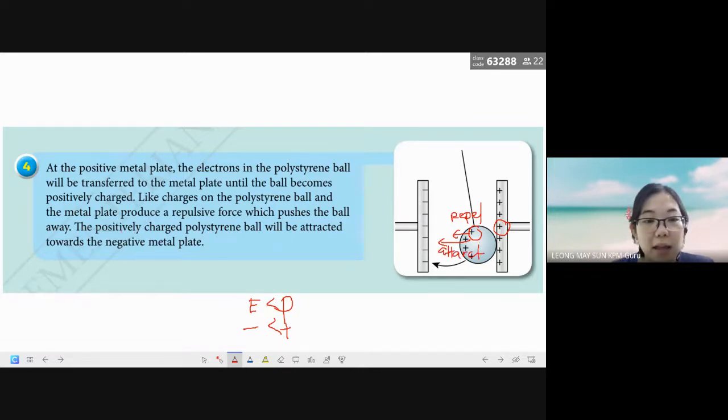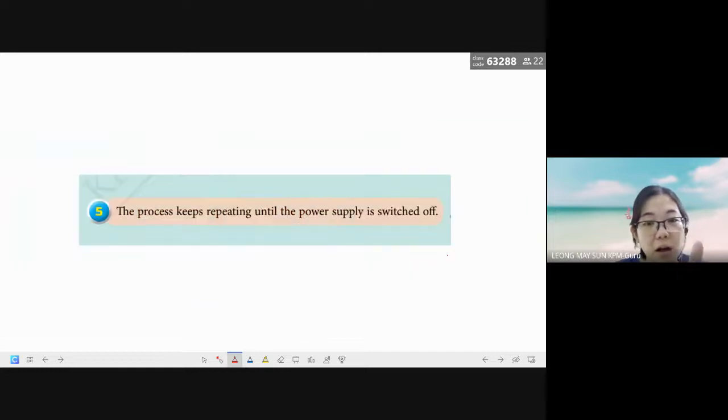So the positive ball will be attracted back to the negative plate. That's the reason why in that video just now, it keeps repeating, moving left and right, left and right, until the power supply is switched off. So that was what the whole video was explaining.